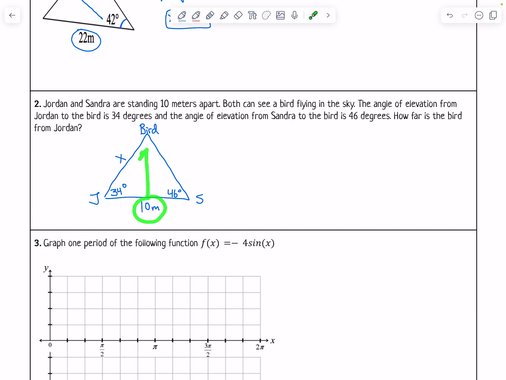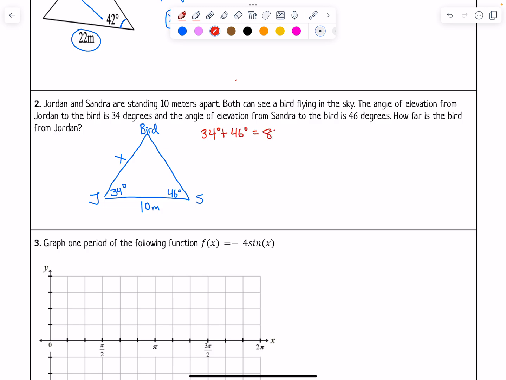I just need to know that angle, which I can find by taking these two angles away from 180. So first I'm going to start with that. I'm going to say 34 plus 46 gives me 80 degrees, and then a whole triangle adds up to 180. So 180 minus the 80 degrees I already have will leave me with 100 degrees for this angle.